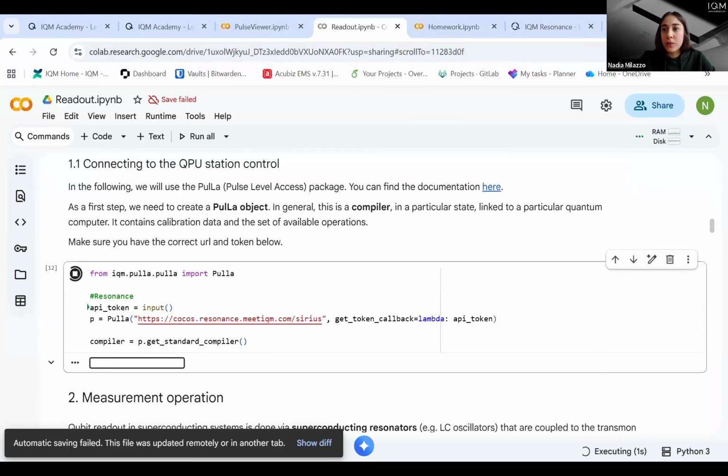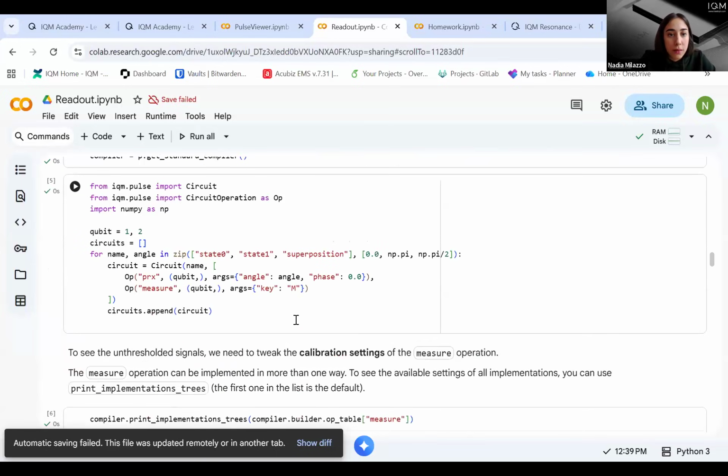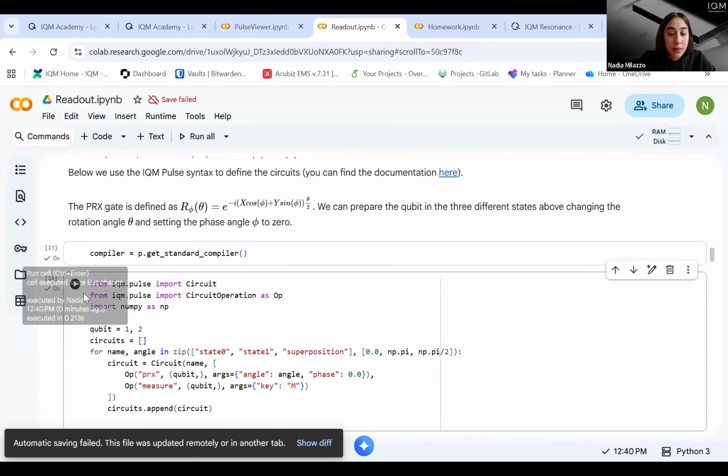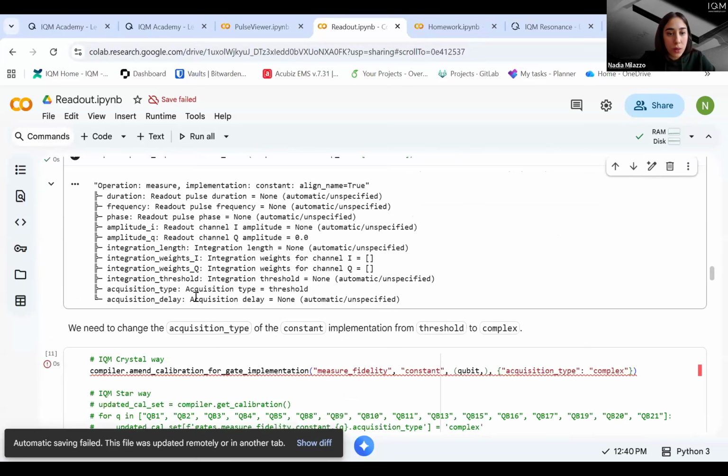Okay, I will have to copy back my token. Great. Okay, let's redefine the compiler and the operations. We can again visualize this.